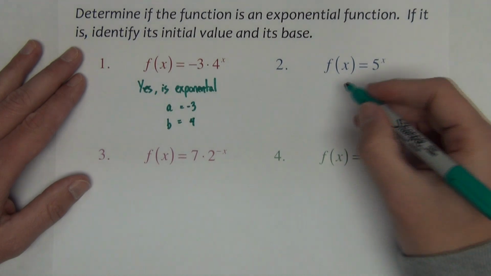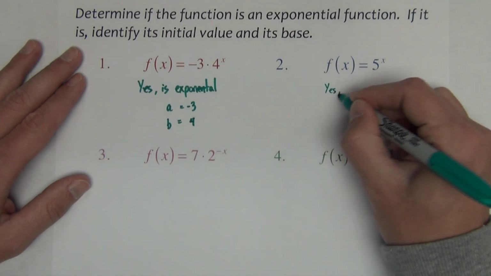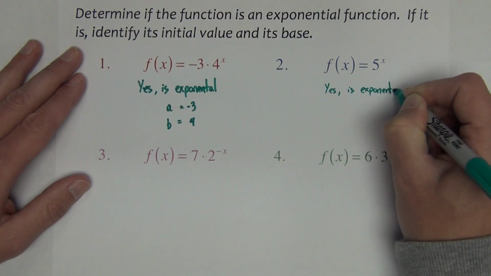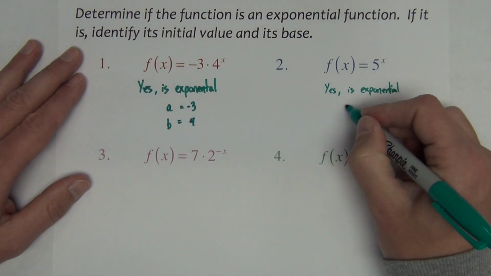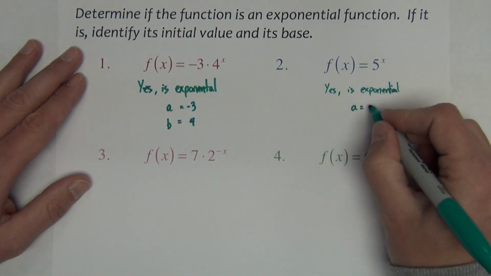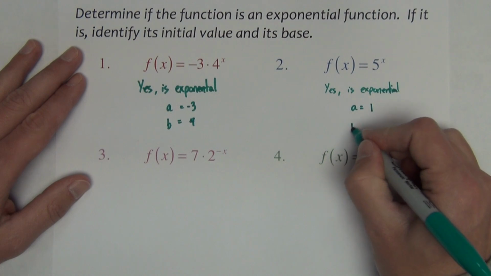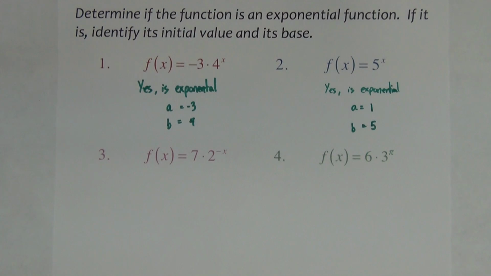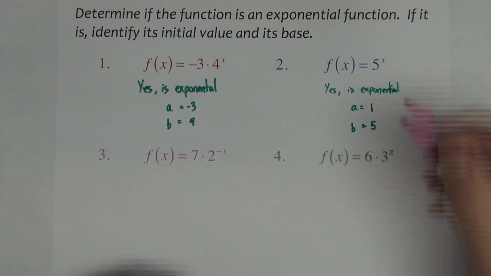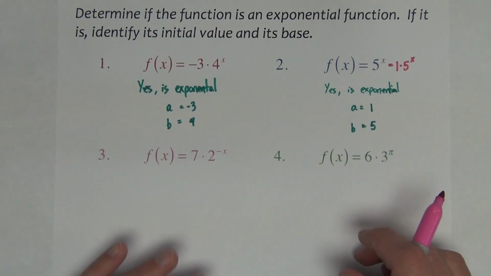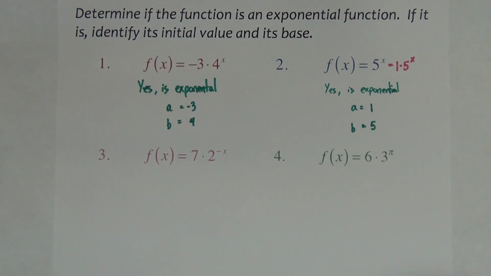The second one, I would also say yes, it is exponential. Here the initial value, and this is the tricky part maybe, is hidden. It's really there. The initial value a is 1, the base is 5. So that particular function could be thought of as 1 times 5 raised to the x. So there is our initial value in there.